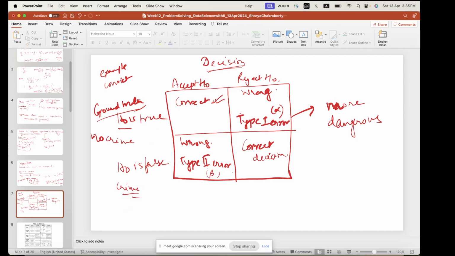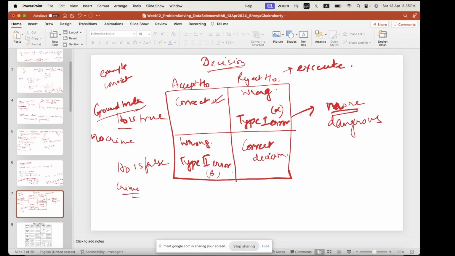Okay, so out of these two errors, let's say the decision is to execute. So this decision would imply that we are executing an innocent person. And the other would imply that we are letting go of someone who has done the crime. Now even though both decisions are wrong, this is a more severe one because we are punishing someone for something they did not do. Punishing an innocent is more looked down upon, right?